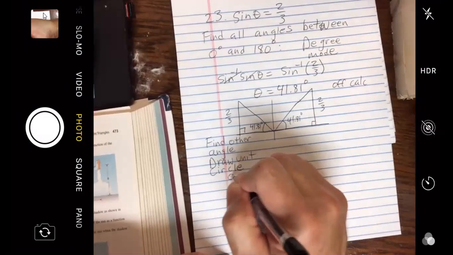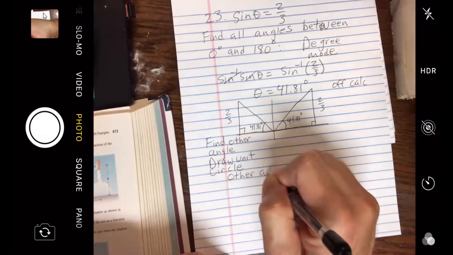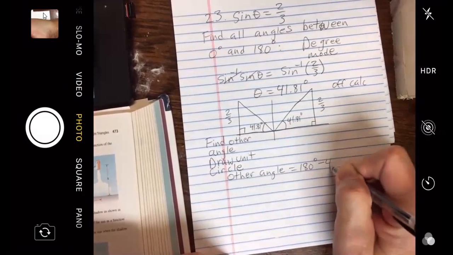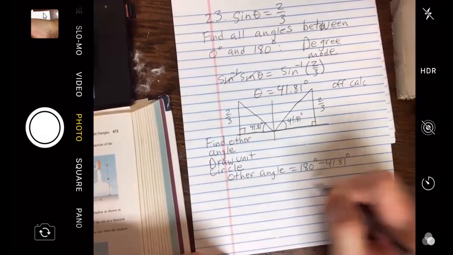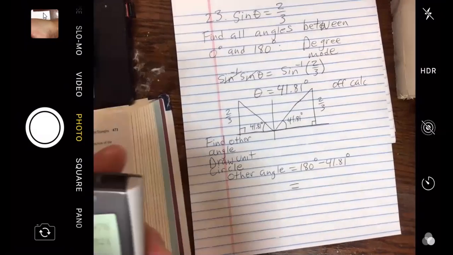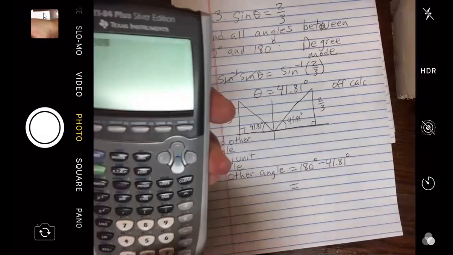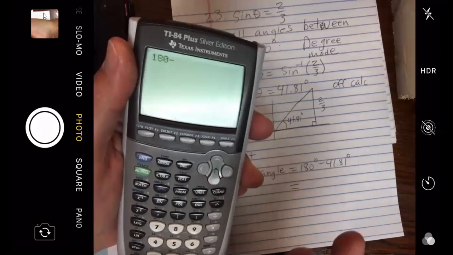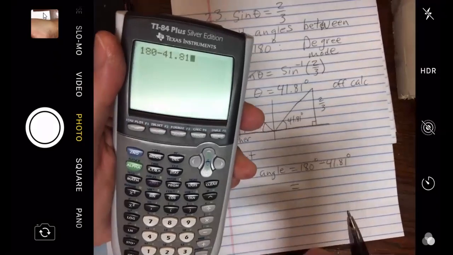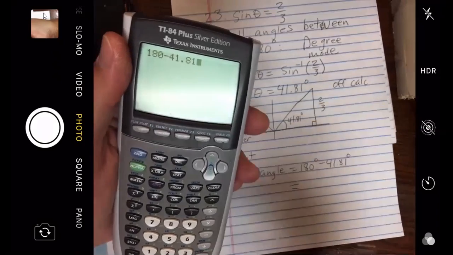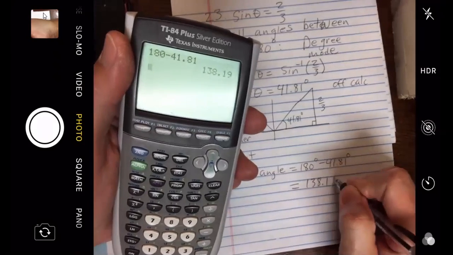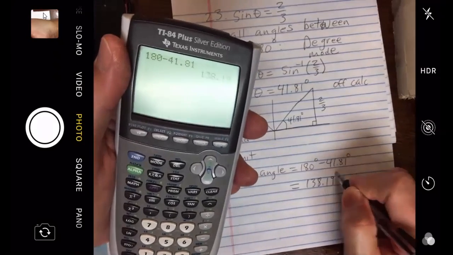So the other angle will be 180 degrees, subtract 41.81 degrees, which should be, and again, this doesn't have to be done in degree mode. This is simple arithmetic. You could do this in radian mode as well, and you're going to get the same answer. 138.19 degrees.